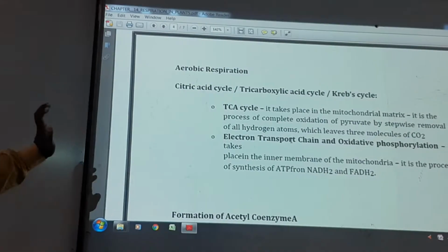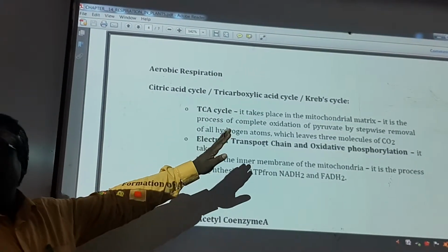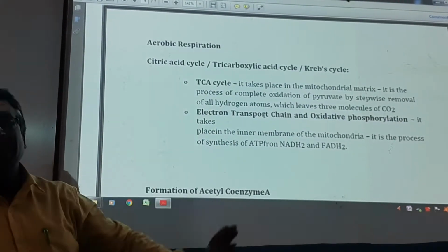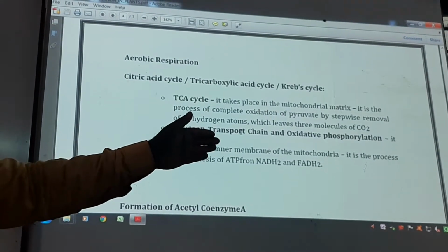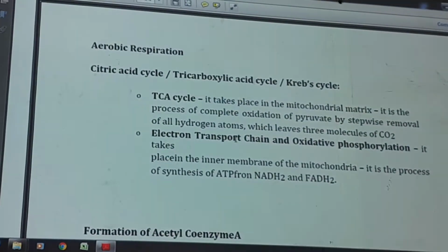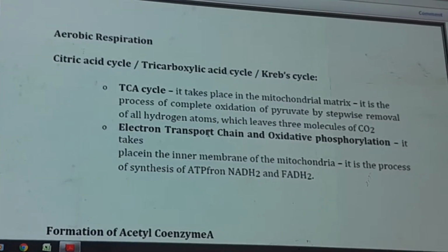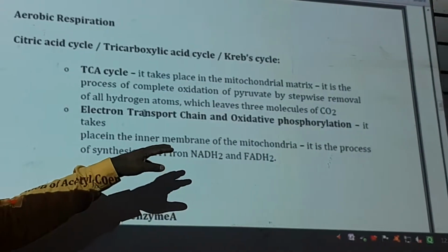So the tricarboxylic acid cycle takes place in the mitochondrial matrix. It is the process of complete oxidation of pyruvic acid by stepwise removal of all hydrogen atoms, which also liberates 3 molecules of carbon dioxide.